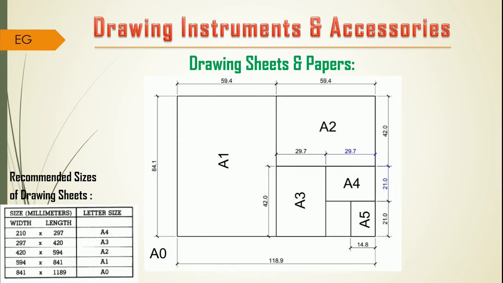If you go on continuing, at last you get the sheet with dimensions 148 by 210, which is the dimension of the A5 sheet. So these are the sheets ranging from A0 to A5, and all their dimensions are recommended by the Bureau of Indian Standards. Just remember that these are the different sizes of sheets we have to use.